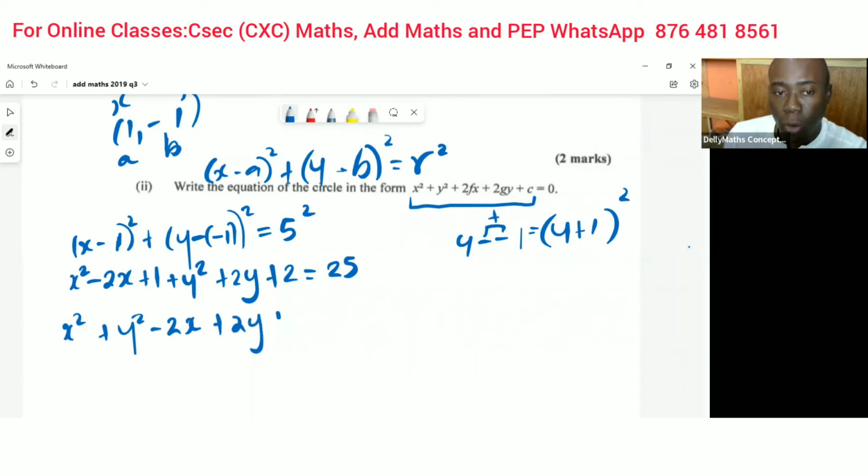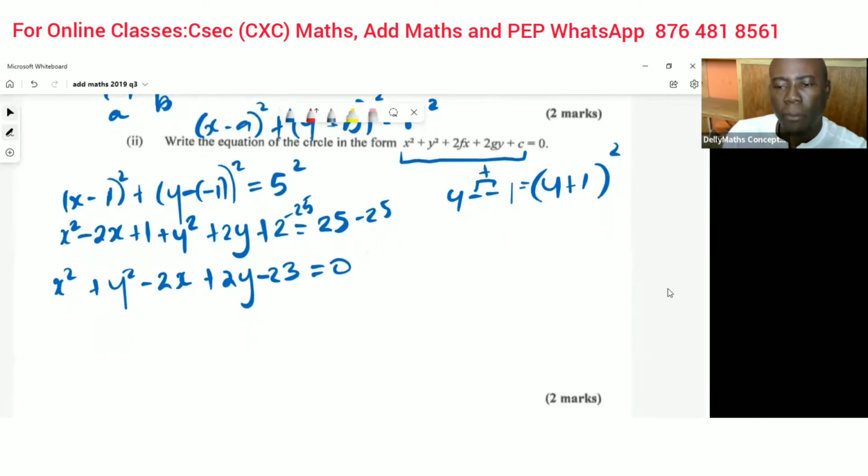Now we'll subtract 25 from both sides. So I'll write the final thing here, which means I'll actually have negative 23 here, and this is equal to 0. All right. So basically, write the equation of the circle in that format. That is the format right there.